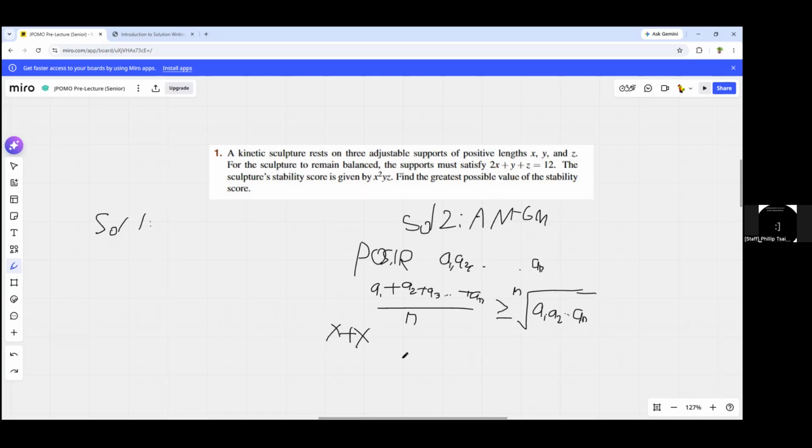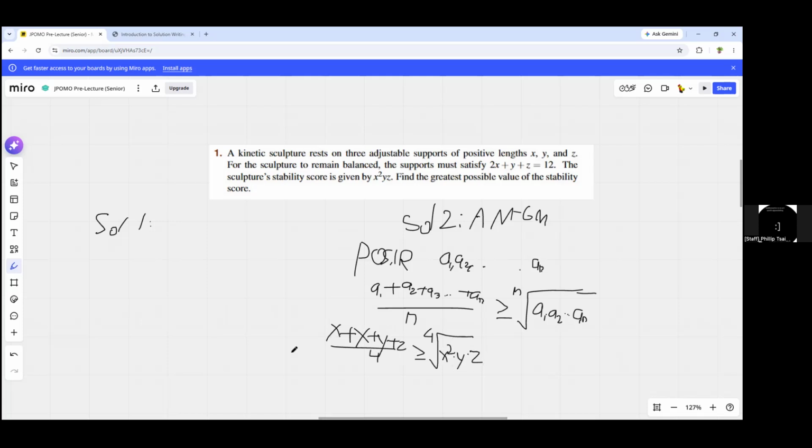It's a bit confusing to say, but you get what I mean when I write it out. So instead of three terms, there are four terms, and this is greater than or equal to the fourth root of x times x, which is x squared, and then you multiply by y and z.